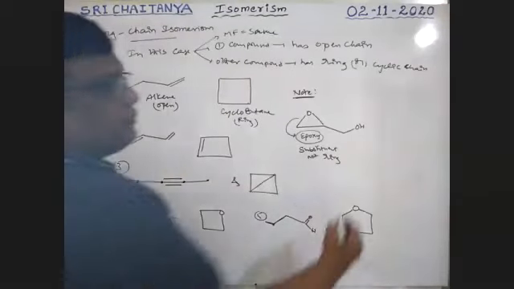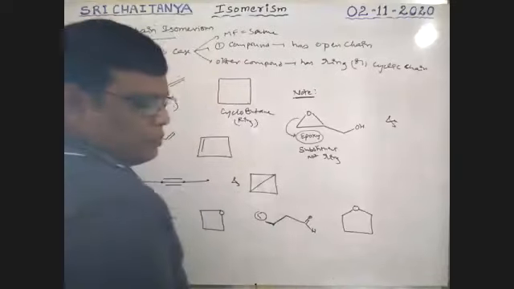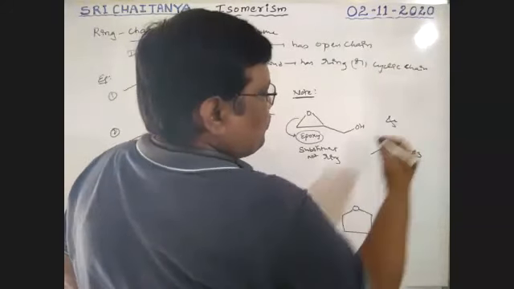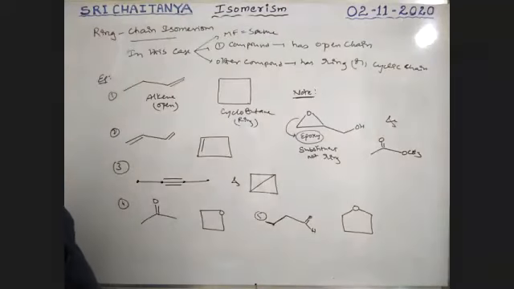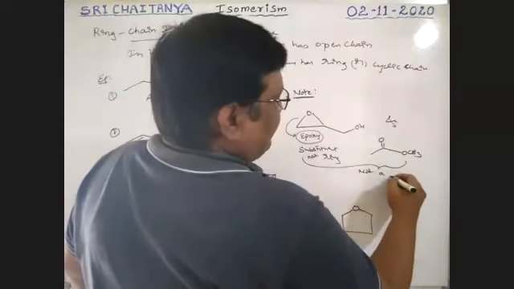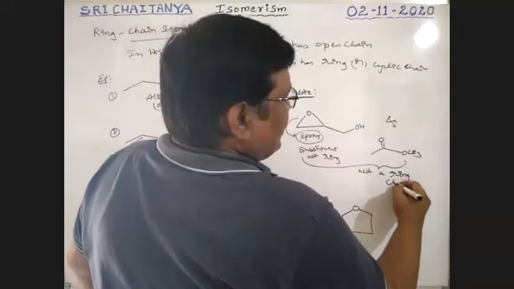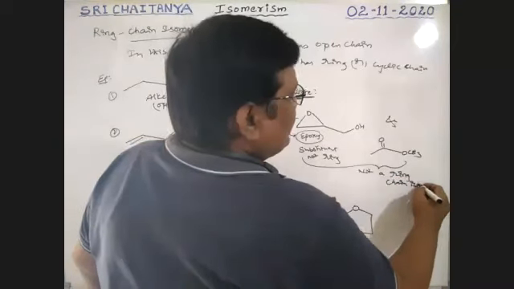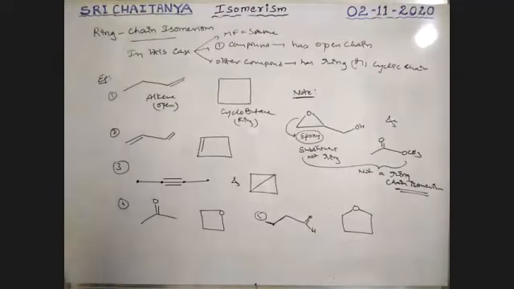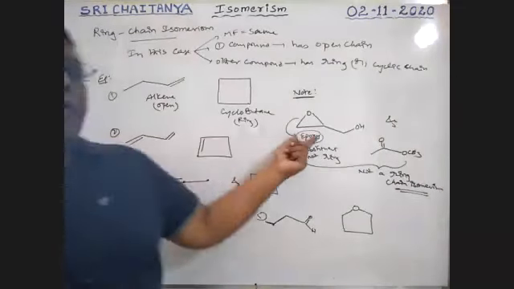So this one and this one and this one are not ring chain isomerism. Therefore, this combination is not a ring chain isomerism. Very, very important. It is an epoxy compound, boys.